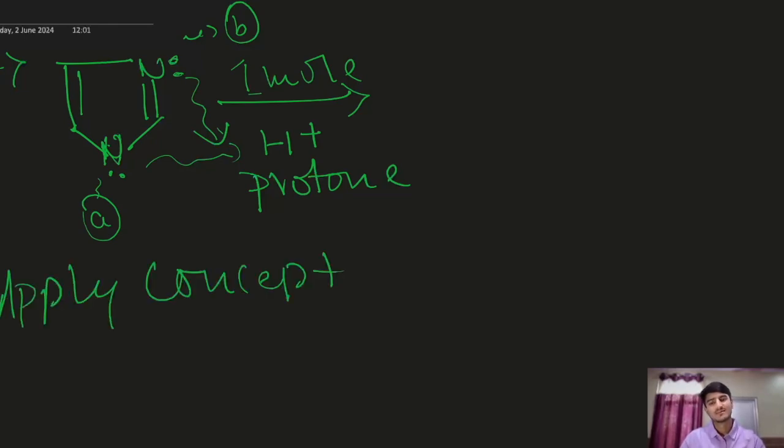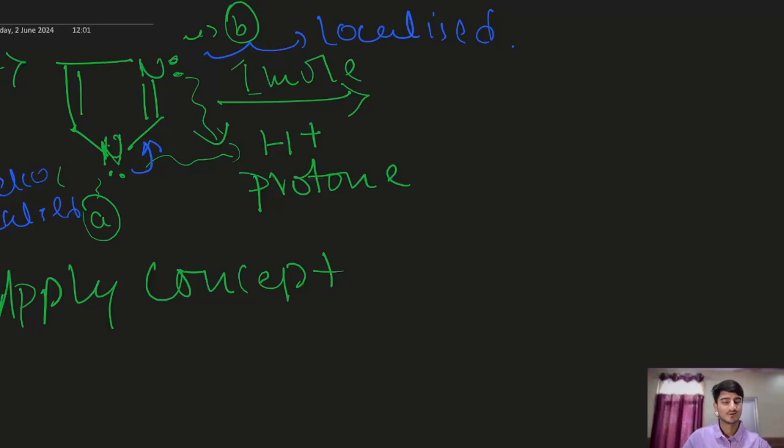As you can see, this lone pair is not localized. This is delocalized, delocalizing here and here. And this lone pair is localized. A localized lone pair always takes a proton at a faster rate.